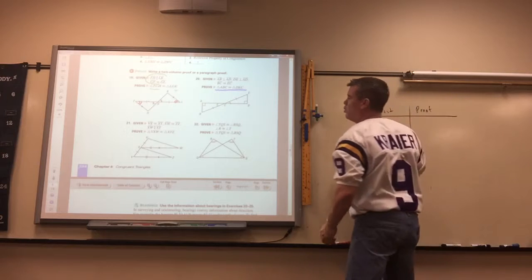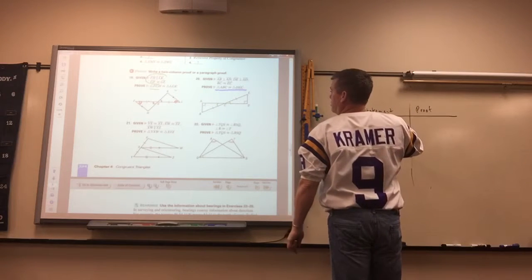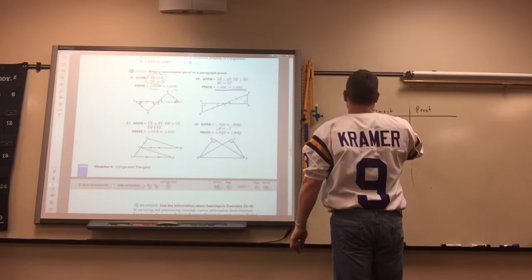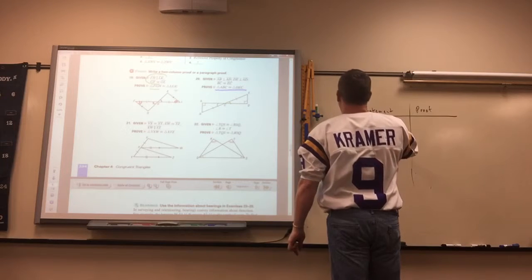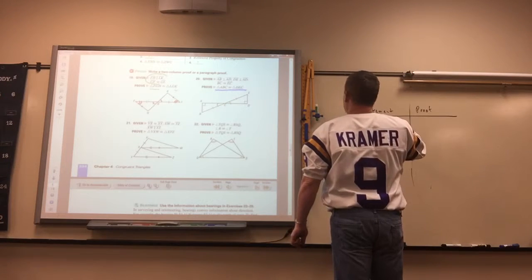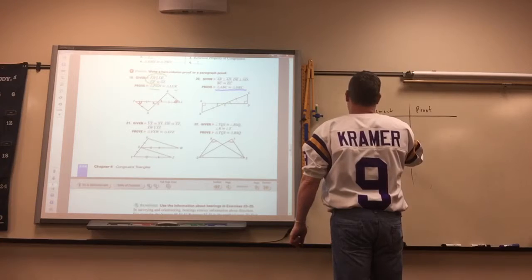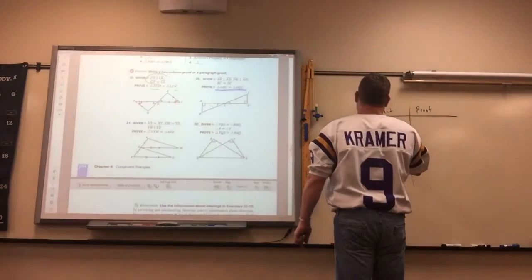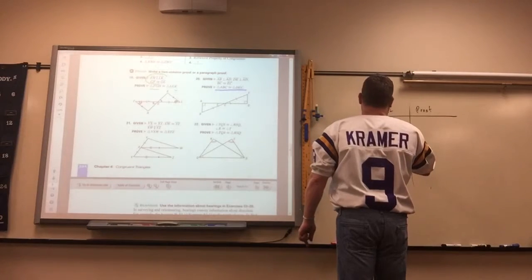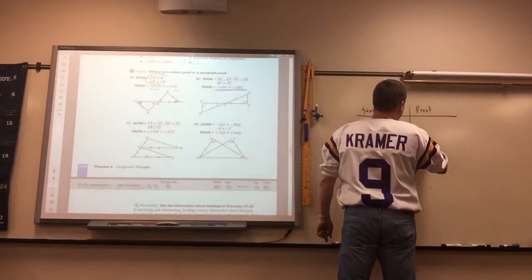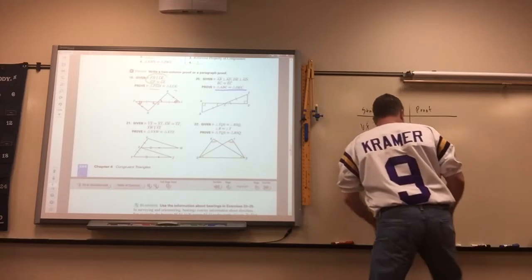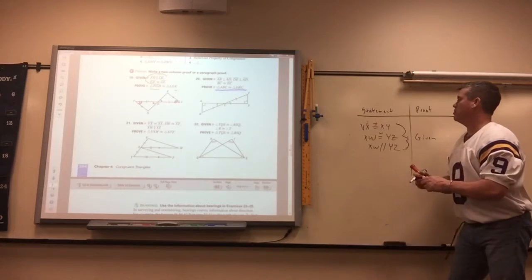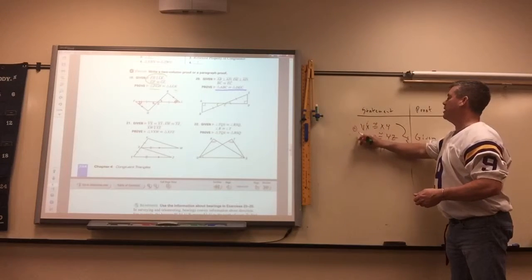Okay, number 21, they give us almost everything. They give us 3 givens, and 2 of them are sides. So we only need to find one more thing.